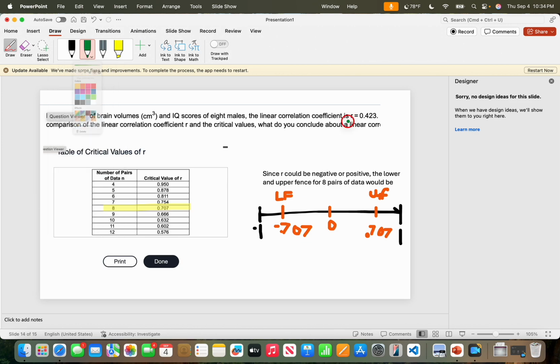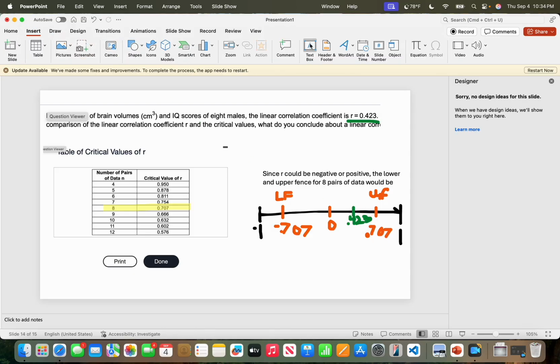My data value, or our data value for this example, sits right here at 0.423. So, gosh, that's a lot of explaining, but hopefully you knew the answer a long time ago.